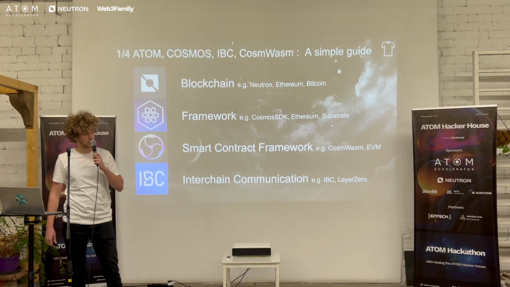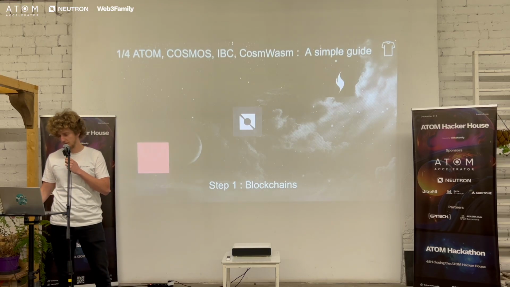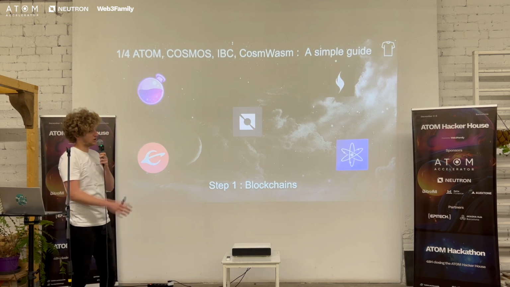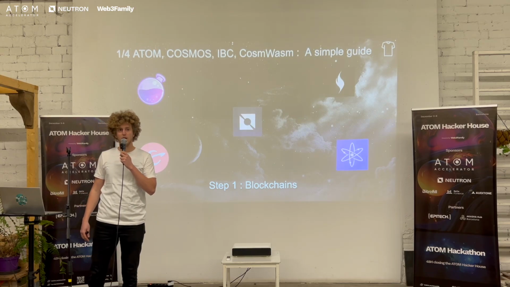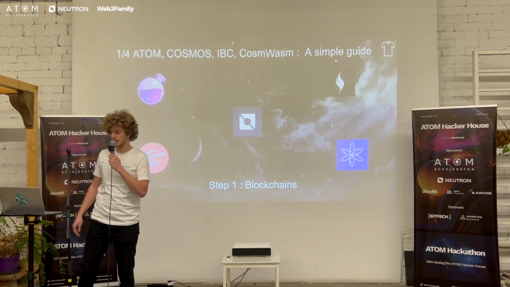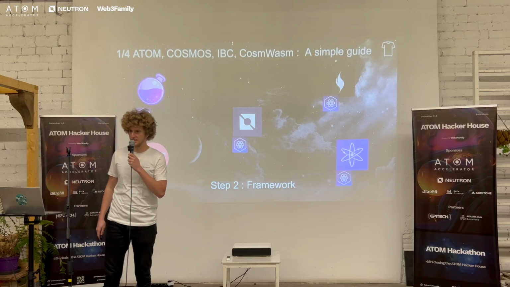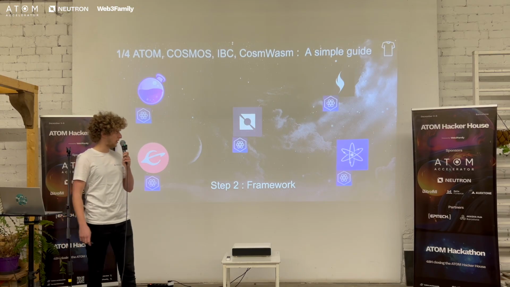So now let's show a graph and see how all this is tied together. So first, as we said, the blockchains. Some examples of blockchains here on the screen, and all those blockchains have one thing in common. They are all built on the Cosmos SDK. So this is the icon here. This is the framework that all of them are using.